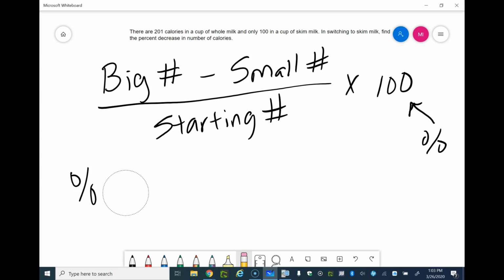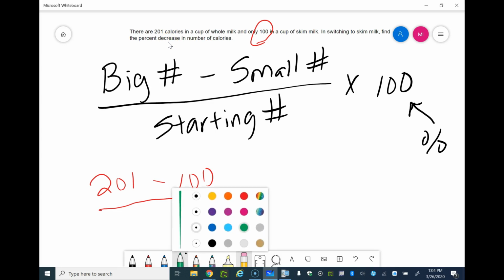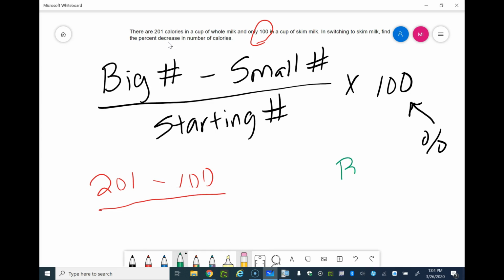So let me get rid of this so we can work the problem. Looking at this problem, the big number is going to be 201. The small number is going to be the 100. Now the starting number, if we're trying to find the decrease, in order for us to find a decrease, we actually need to start with a big number, and then we decrease down to a small number.